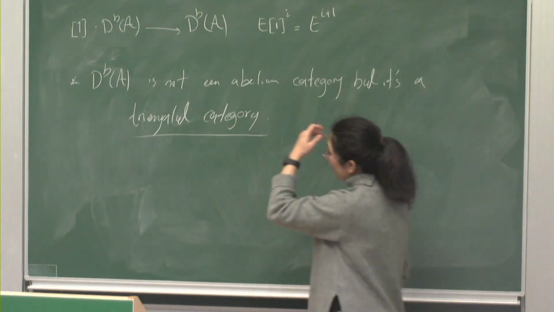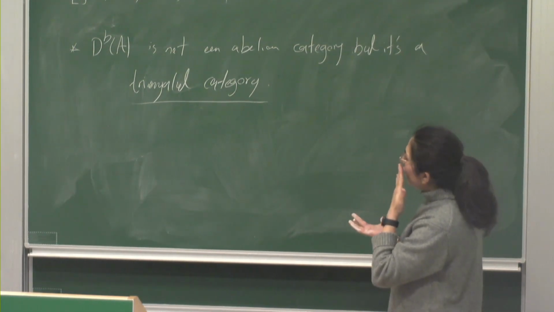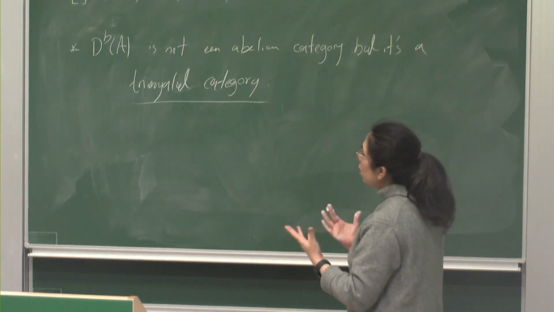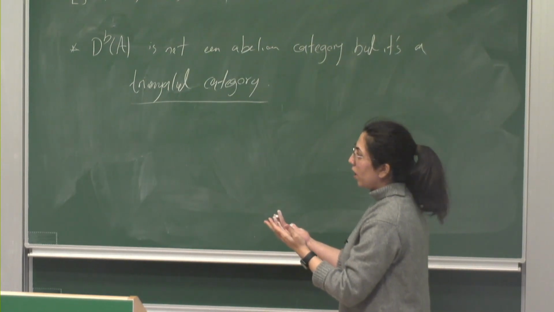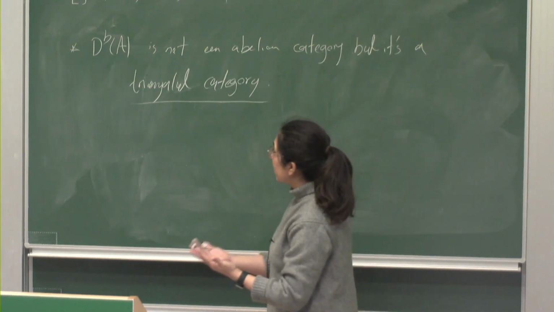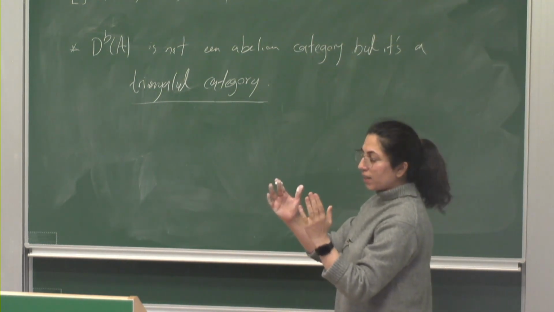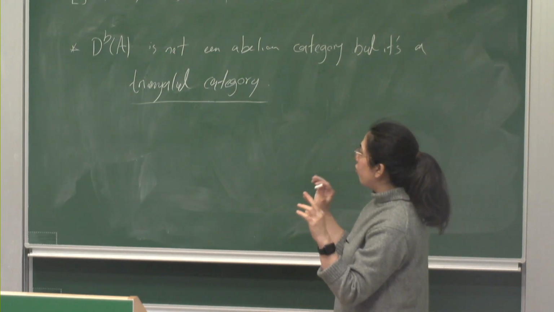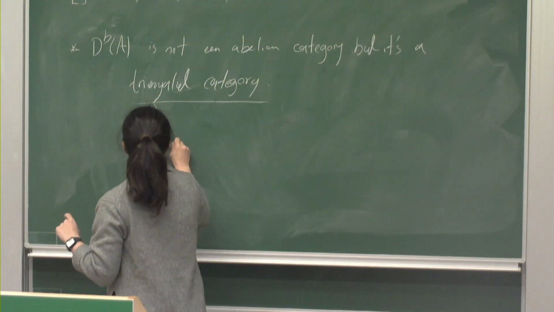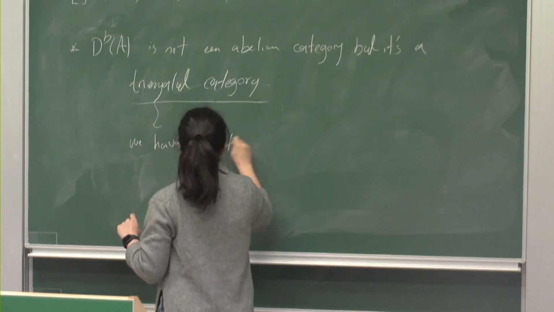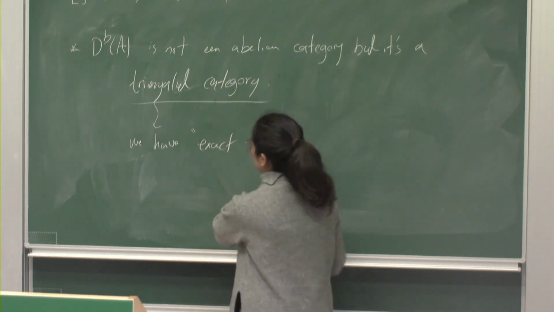Unfortunately, we do not have that much time to go into the details of what triangulated categories are. The key point is that in an abelian category, I have the notion of kernel and cokernel, so I have the notion of short exact sequences. But in a triangulated category, I replace short exact sequences by a collection of exact triangles, which behave more or less like short exact sequences.